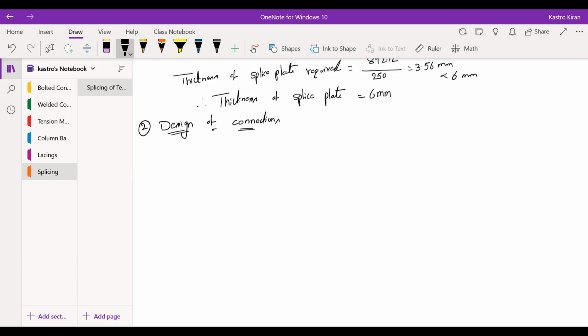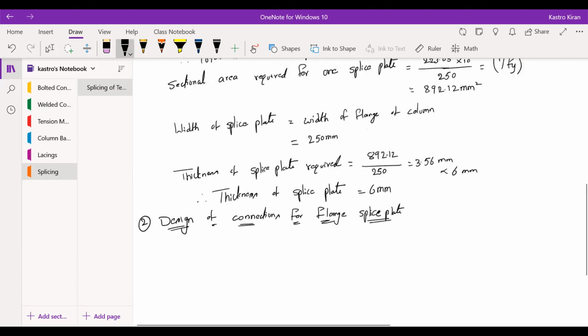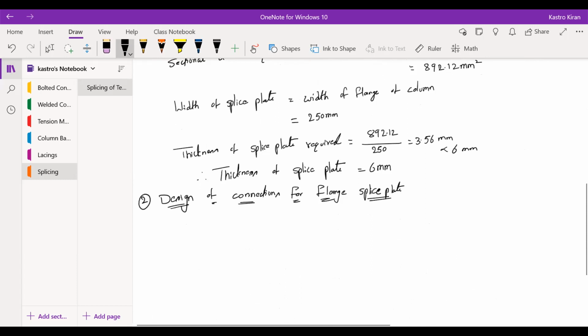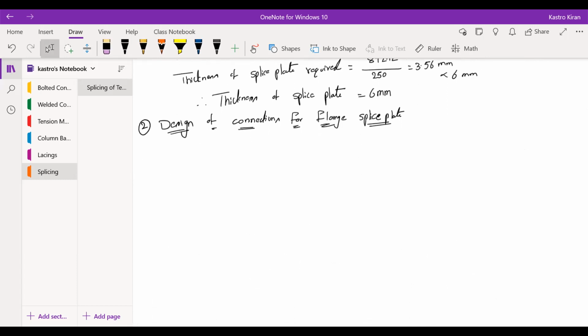Okay, you can keep this heading as design of connections for flange splice plate. We have already talked that the splice plates are provided for both the flange as well as web. So whatever we have done so far, it is all for flange only. So let's design the connections for flange splice plate.